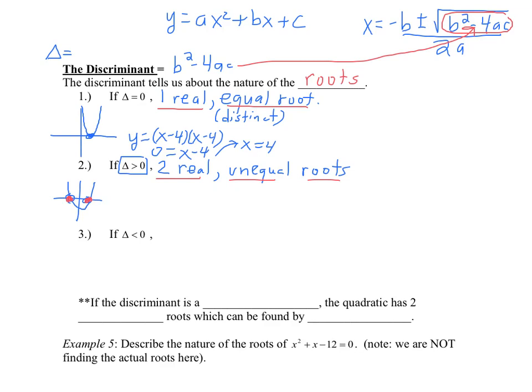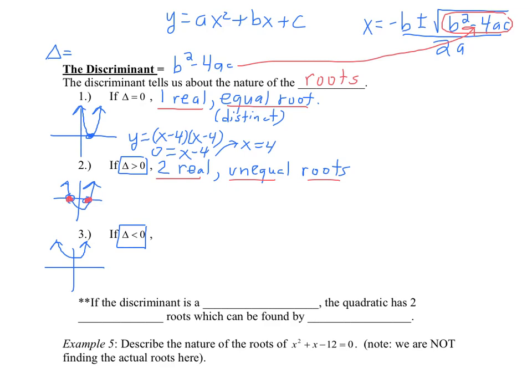Okay, if the discriminant is less than 0, this is where you might have something like this going on. Now I'm drawing all of my parabolas opening upward. They could also open downward. So if the discriminant is less than 0, that means it's a negative number. That would mean you would have a negative underneath your radical back up here in your quadratic formula.